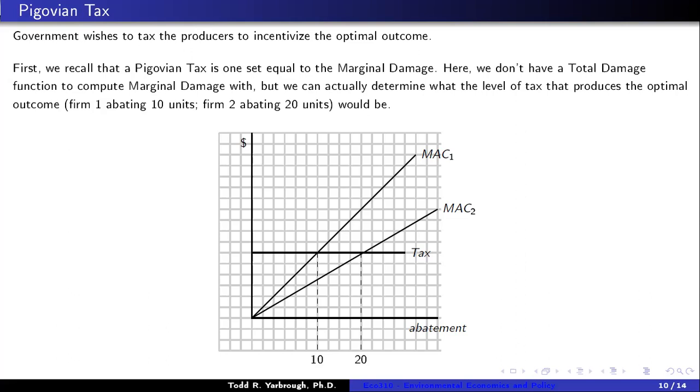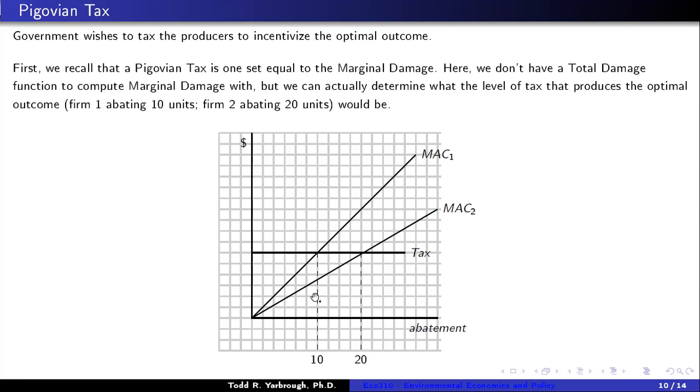So now what we have is a comparable on-the-margin decision. For every additional unit that a firm is considering either abating or polluting, we should be able to look at what the values are to the firm at that particular level and make a rationally self-interested decision.